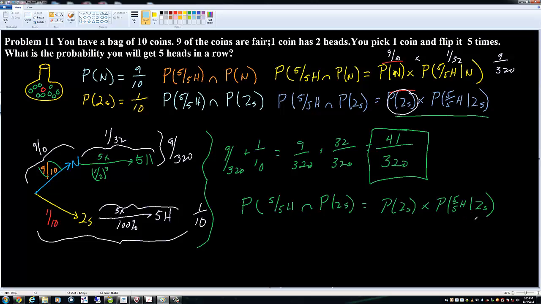So to prepare you for understanding the Bayes theorem, let's say this is A and this is B. So the probability of B and A will equal the probability of A times the probability of B given A.